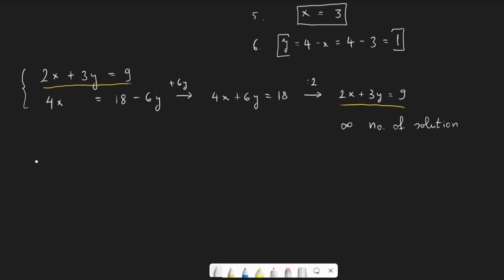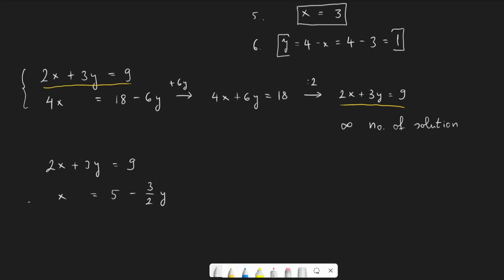And finally, let's look at the example when we have zero solutions. And this is the following. 2x plus 3y equals 9, and x equals 5 minus 3 over 2y.